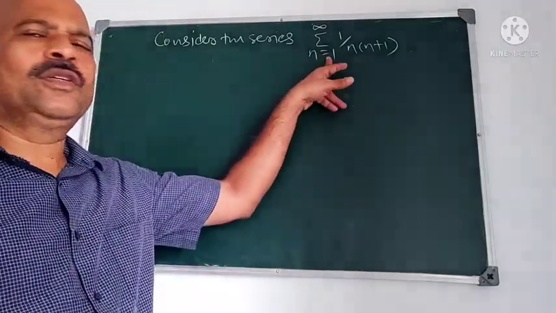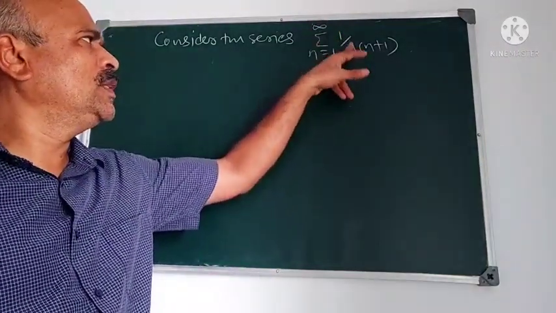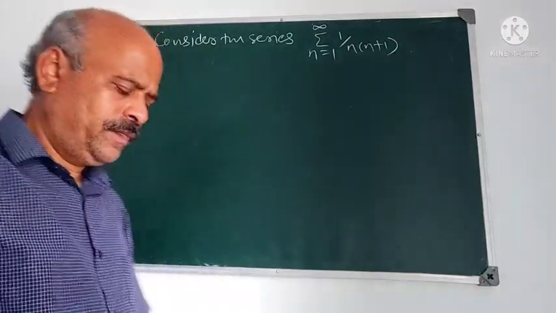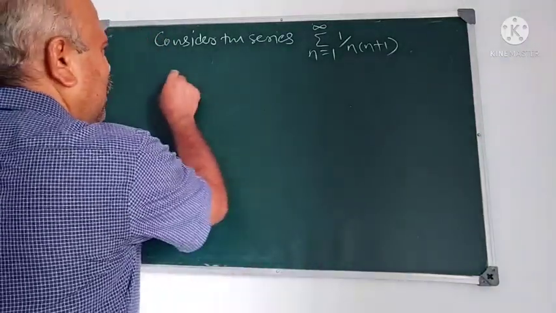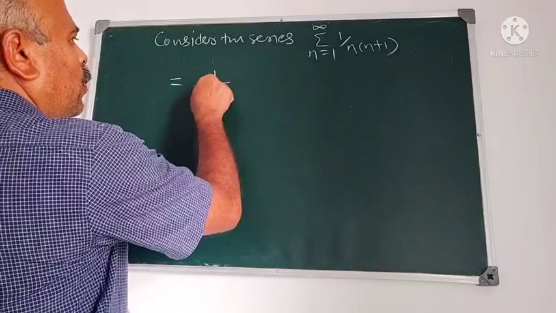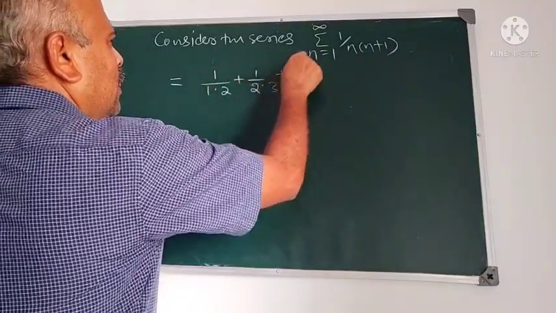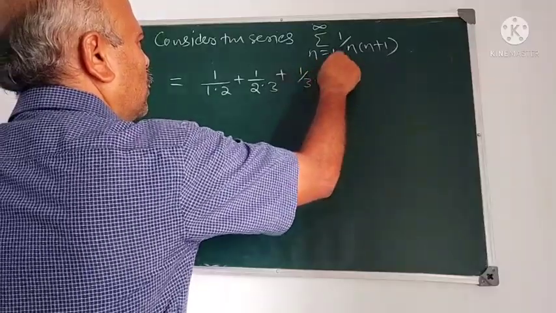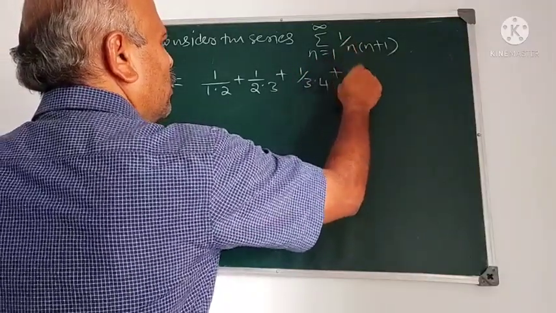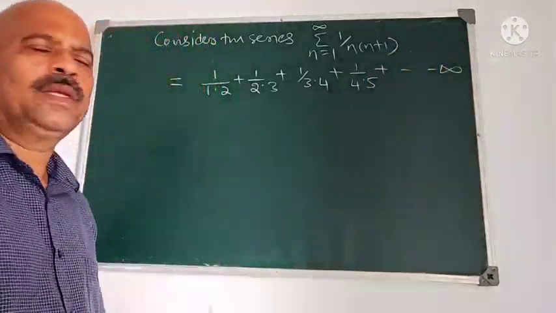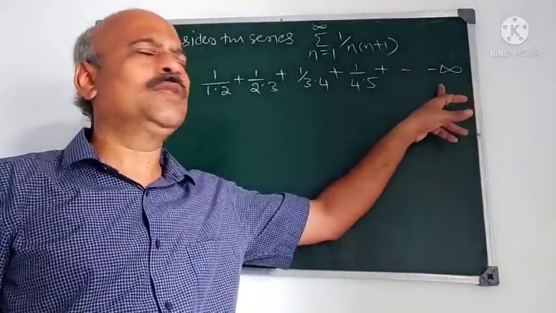So the series is denoted by sigma 1 to infinity 1 upon n into n plus 1. What is this? It is equal to 1 upon 1 into 2 plus 1 upon 2 into 3 plus 1 upon 3 into 4, 1 upon 4 into 5, etc., going up to infinity.